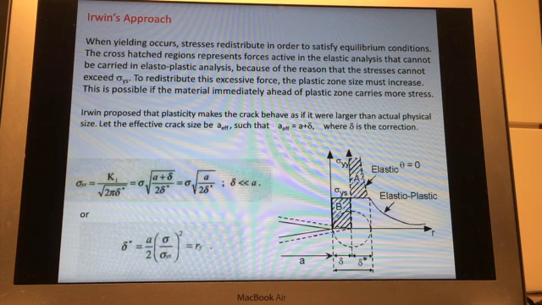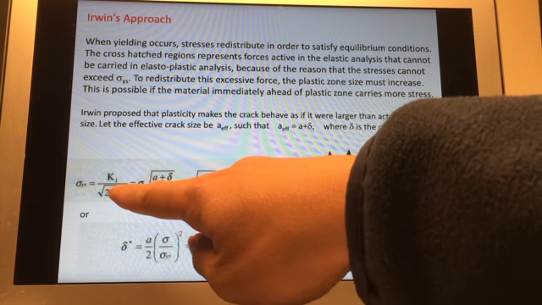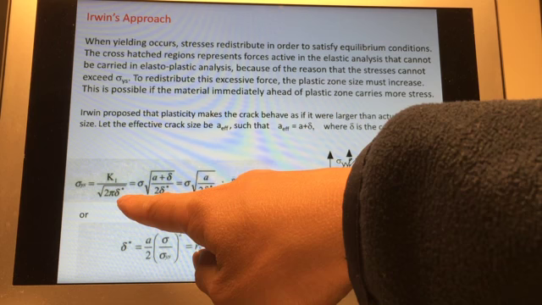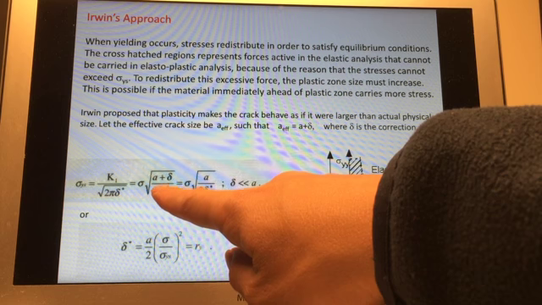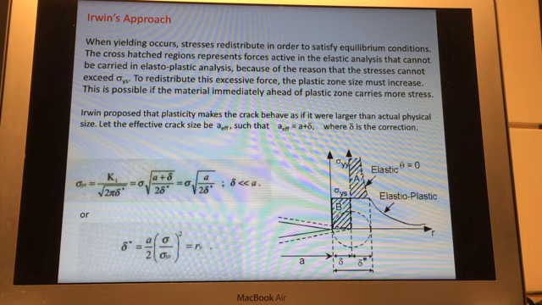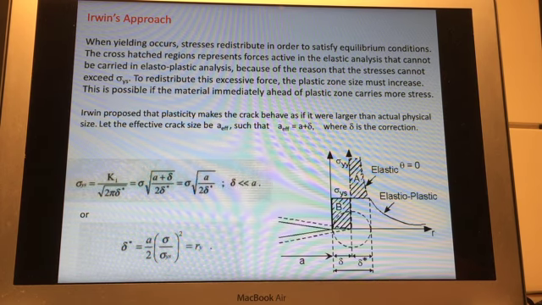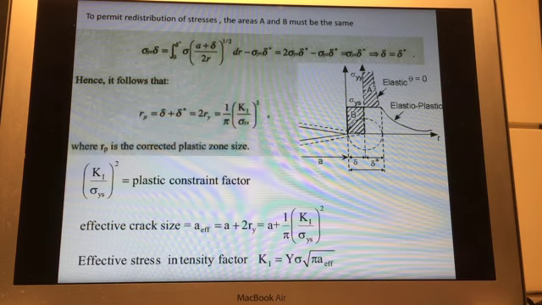So K equals sigma times the square root of pi a effective, which is sigma root of pi times (a plus delta). Delta will equal Ry exactly. I need to check those equations more carefully and get back to you tomorrow, but this is how he does it.